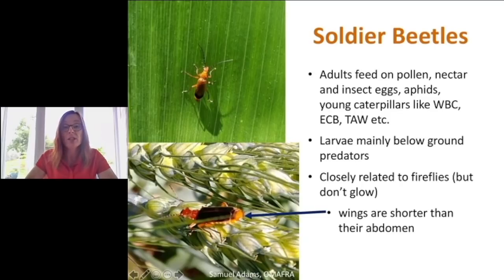They look very much like, they're similar and closely related to fireflies. But when you look at the back end, like fireflies, their wings are shorter than their abdomen. So that's a good way to tell that they are soldier beetles, especially very long antennae and shorter wings than their bodies.